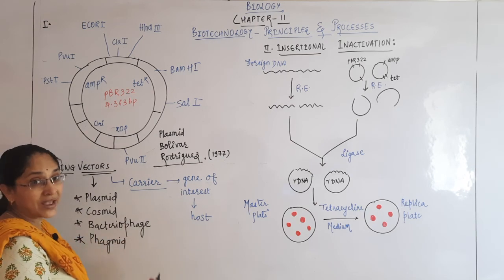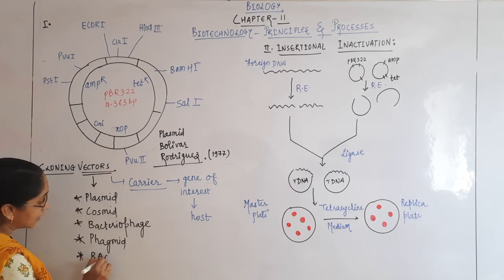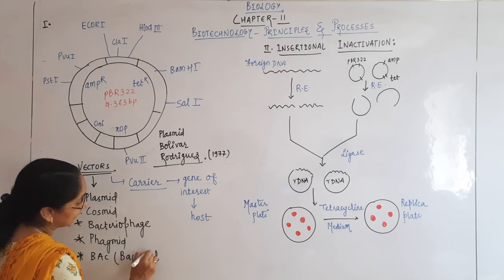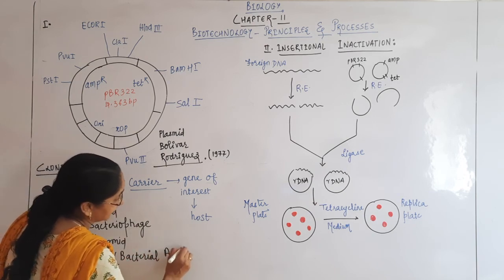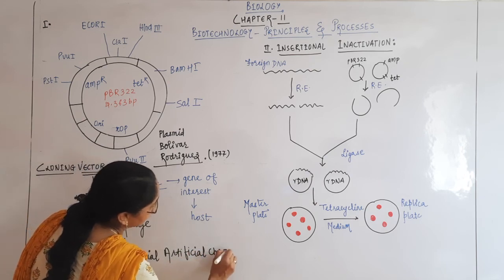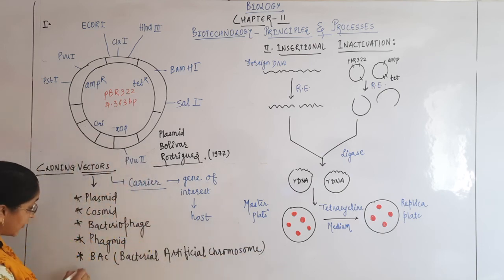The other cloning vectors which can be utilized are BAC, which stands for bacterial artificial chromosome, and YAC, which is referred to as yeast artificial chromosome.